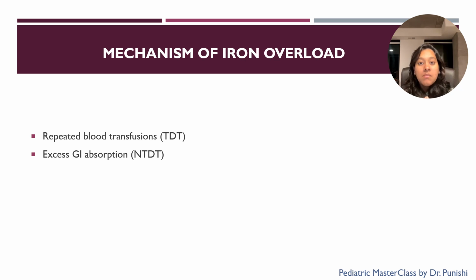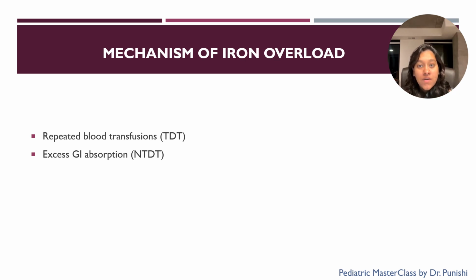When we talk about mechanisms of iron overload, there are two major mechanisms. The first one is repeated blood transfusions. In the transfusion dependent thalassemics, like we've just seen in the previous discussion, the mainstay of therapy is chronic blood transfusion, and approximately every 1 ml of pure red blood cells has about 1 milligram of iron.